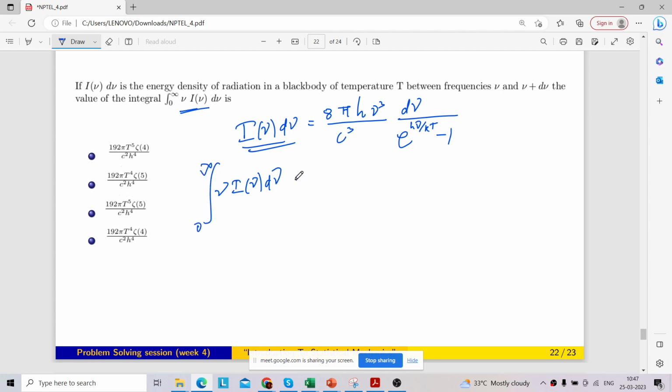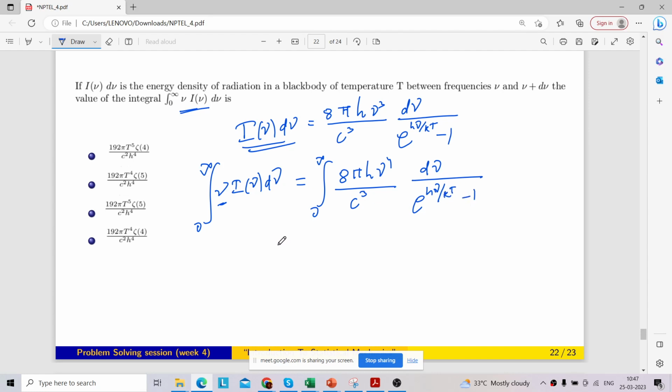So we can do this integration from 0 to infinity. Then we have all the constants, and we are multiplying one nu here, so it will be 8 pi h nu to the power 4 divided by c cube d nu over e to the power h nu over kT minus 1.